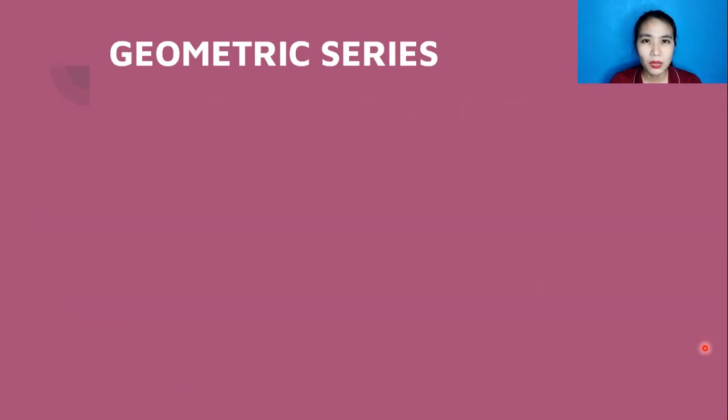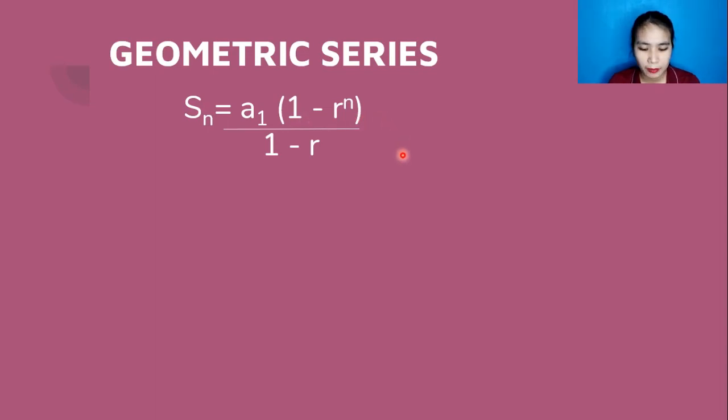So from the given equation that we have solved, let us get another formula. Again, we have S of n equals a sub 1 times the quantity of 1 minus r raised to n over 1 minus r. And then, we can distribute our a sub 1 to the terms inside the parentheses. So we have a sub 1 times 1 is a sub 1.